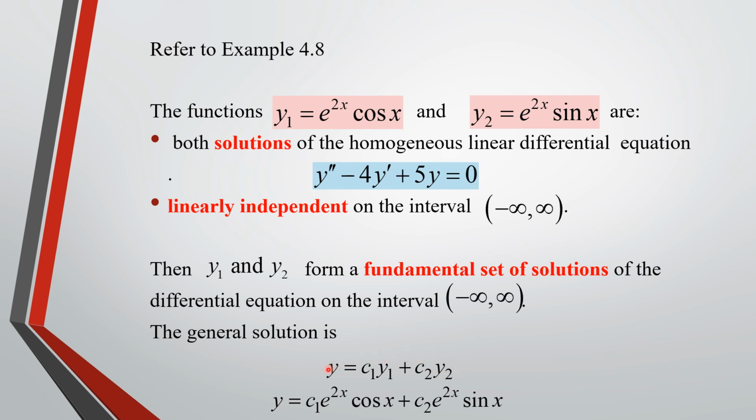And this expression is known as a general solution. Therefore, for this particular example, since y1 and y2 form a fundamental set of solutions of the DE, the general solution is y equals c1y1 plus c2y2, or y equals c1 e to the 2x cos x plus c2 e to the 2x sin x.